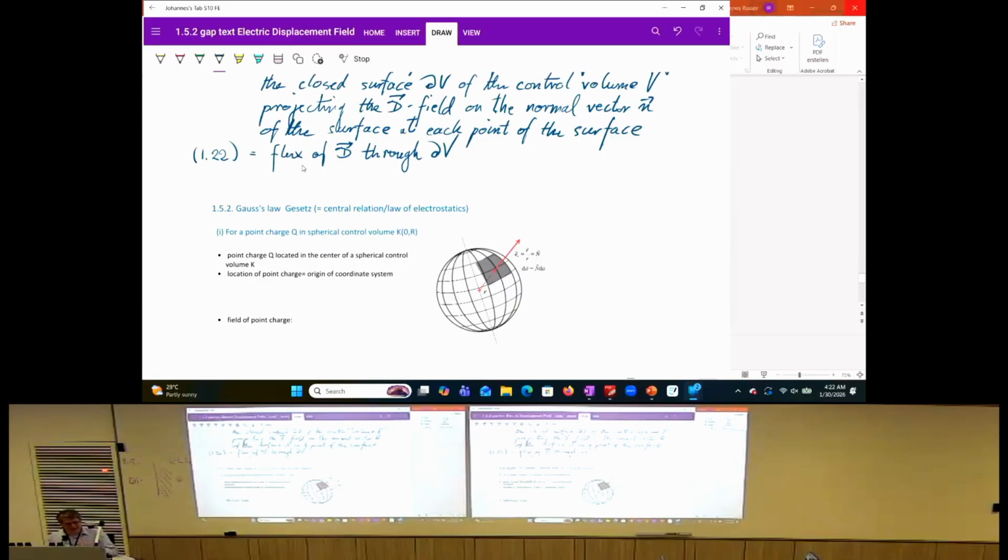So we take both the area and the orientation via the normal vector into account. And then we see what are the field lines which are penetrating through this area segment. We project these field lines onto this normal vector to the surface element. I mean, we project which contribution is aligned with the normal vector of the surface element.